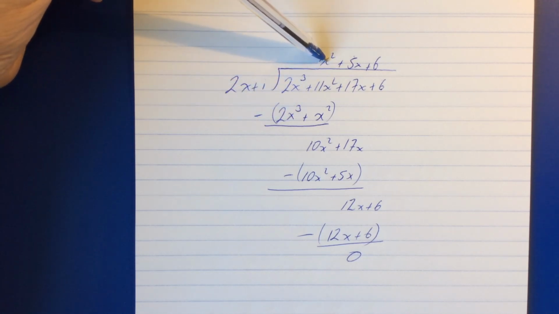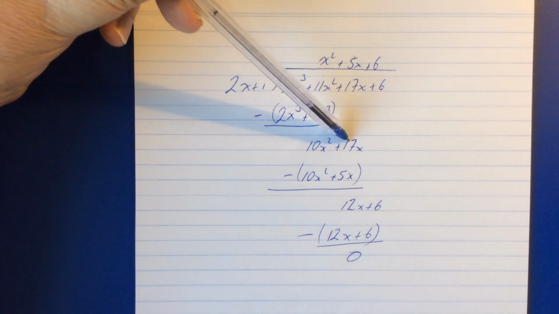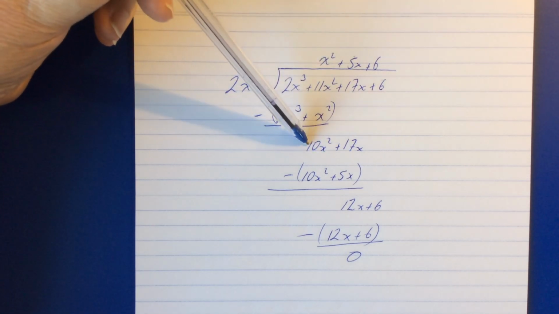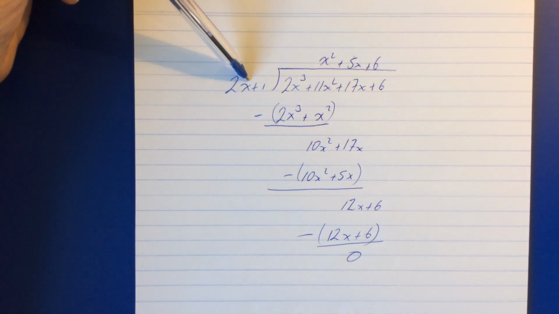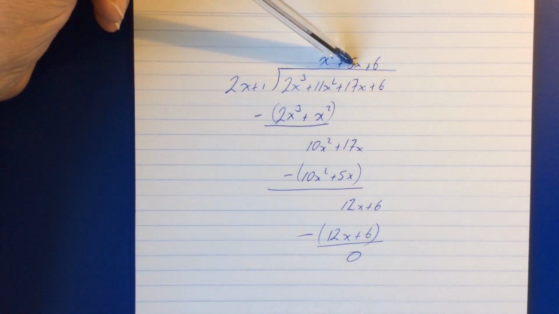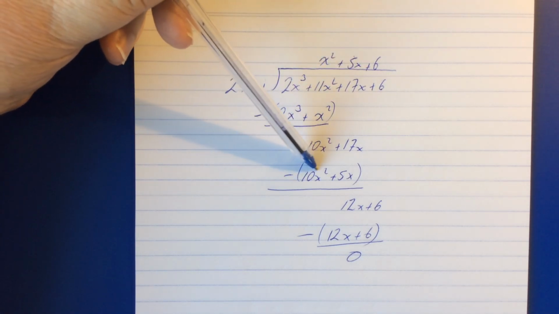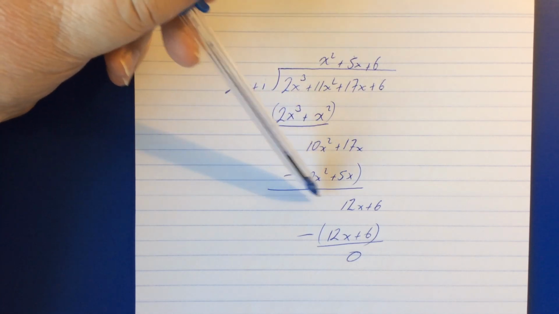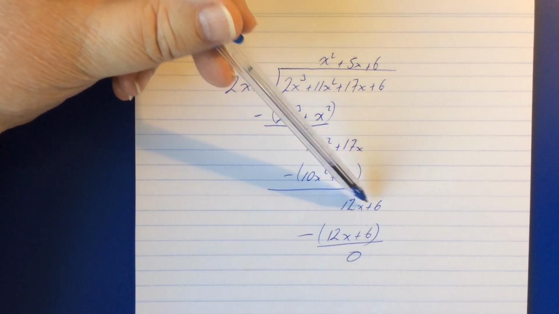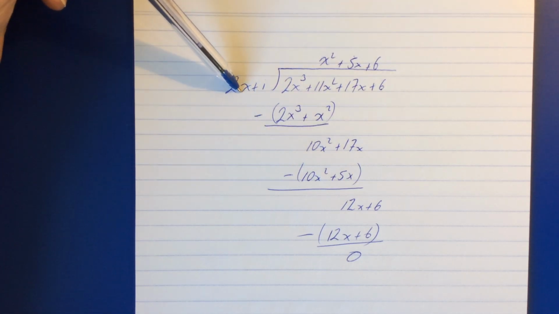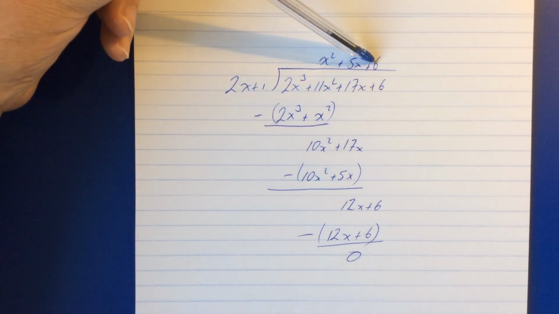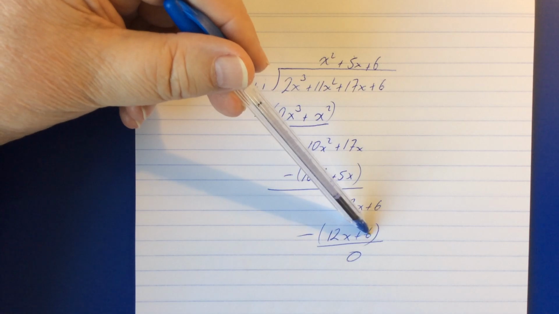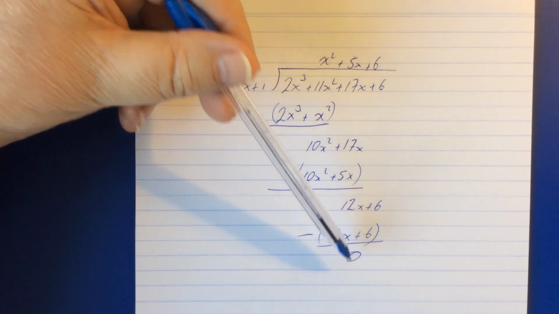Multiply it by x squared, subtract, I get 10x squared plus 17x. What do I do to this to get this? I multiply it by 5x, giving me 10x squared plus 5x, and I subtract that, leaving me 12x plus 6. What do I have to do to 2x to get 12x? I multiply it by 6, subtract, I get a remainder of 0.